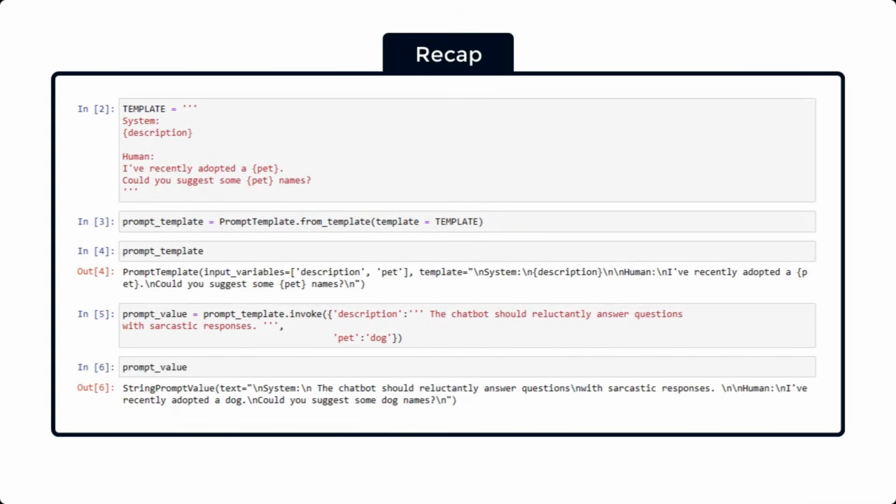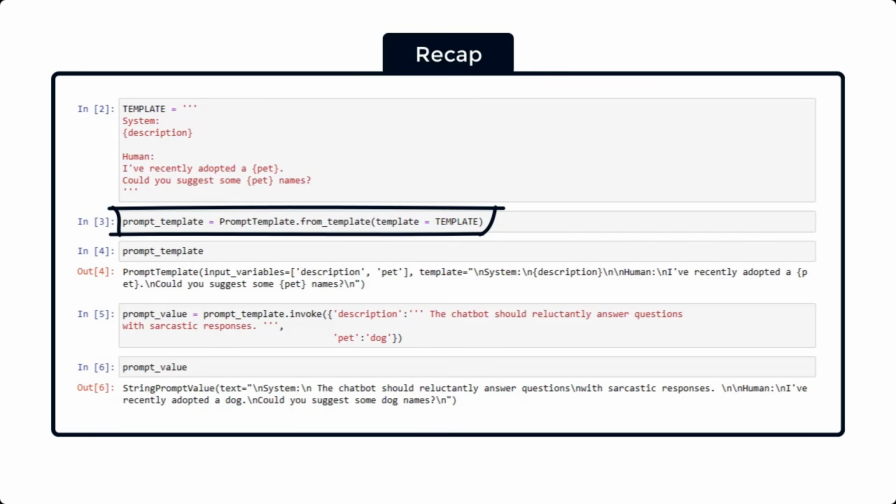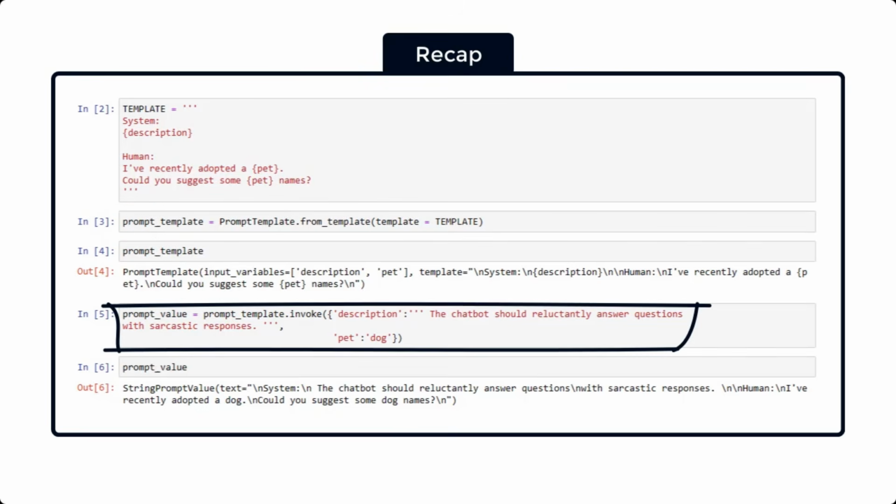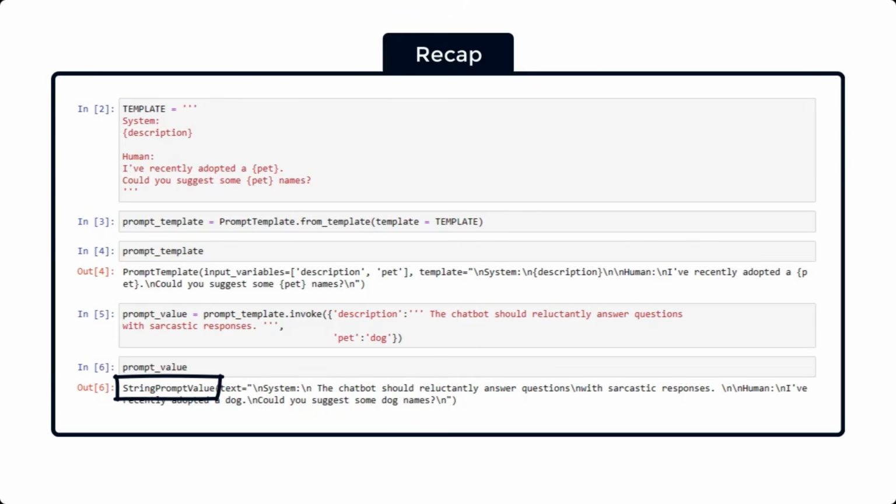So, let's recap the process. First, we created a string template containing input variables defined within a set of braces. Second, we created a prompt template instance using the string defined. Third, we applied the invoke method, specifying the values of both input variables, which resulted in a prompt value object storing the filled-in template.